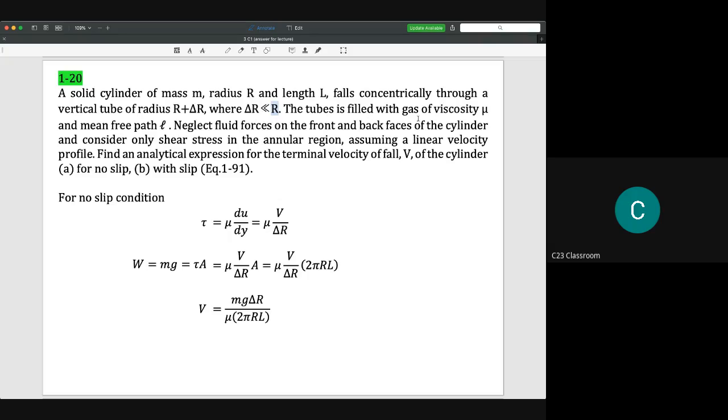The tube is filled with gas of viscosity mu and mean free path L. Neglect fluid forces on the front and back face of the cylinder, and consider only shear stress in the annular region, assuming a linear velocity profile. Find an analytical expression for the terminal velocity of fall V of the cylinder for no slip and with slip condition.